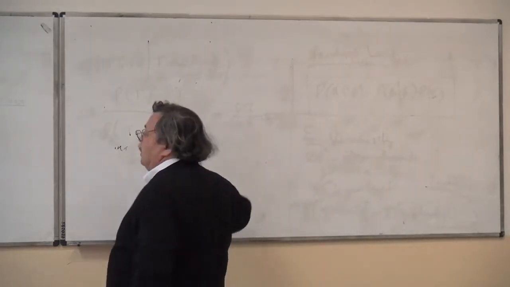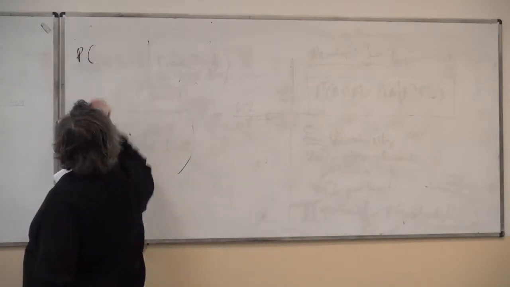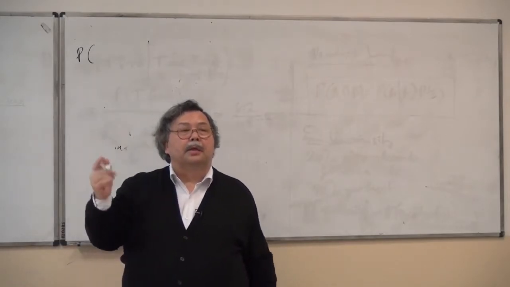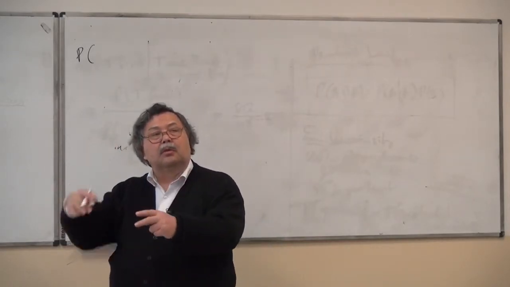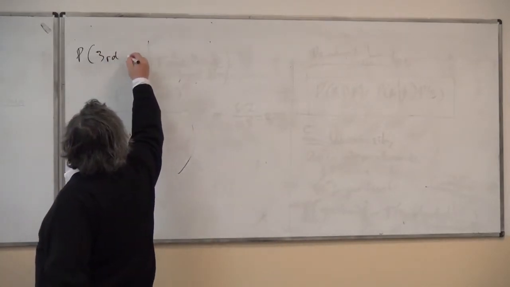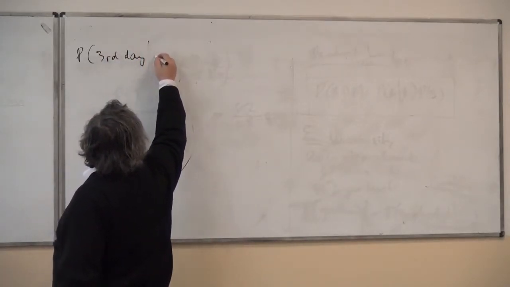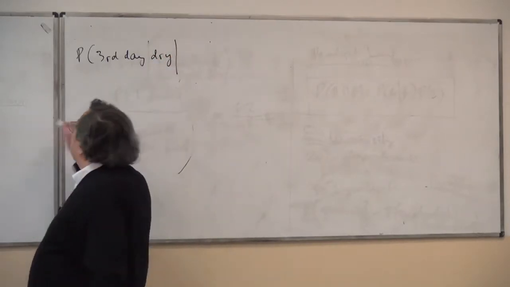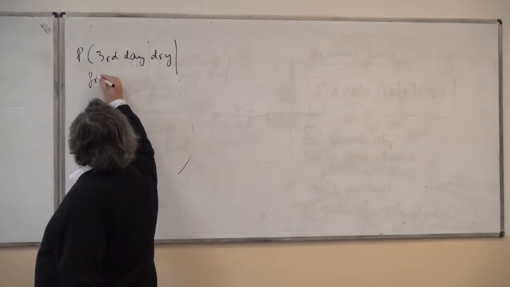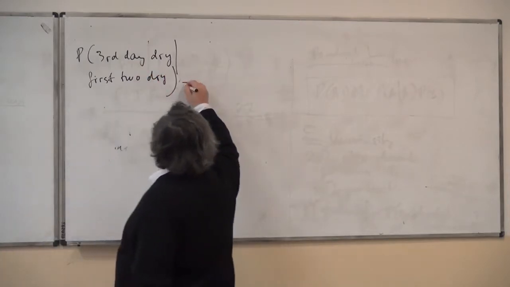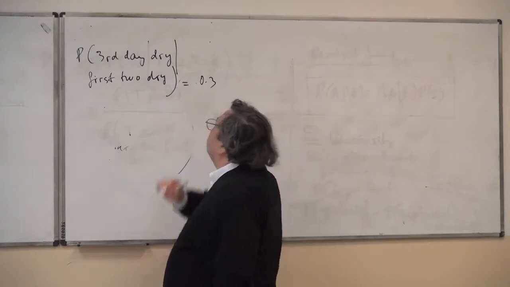and the same bureau says that the probability that the next day, well, let's call it the third day. We have tomorrow, day after tomorrow, and the next day, let's call it the third day. So the third day will be dry, given that the first two are dry, it's estimated to be 0.3.